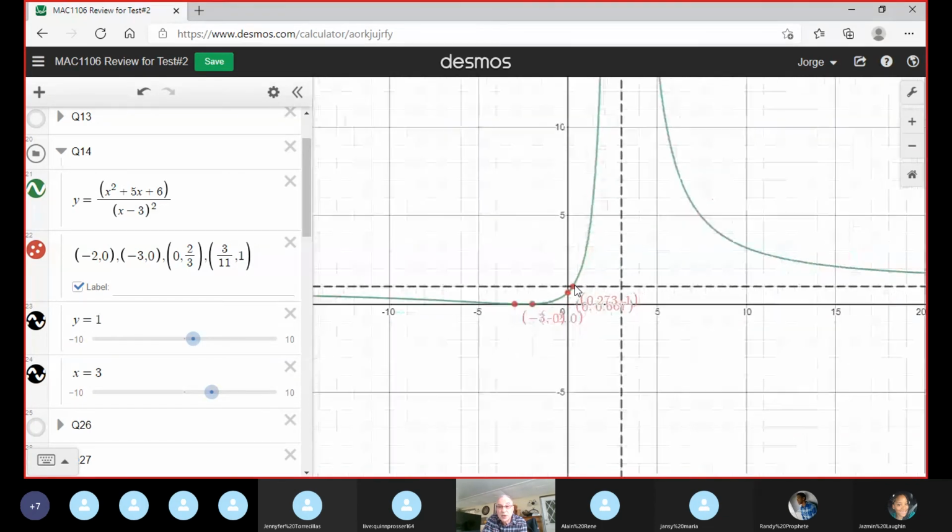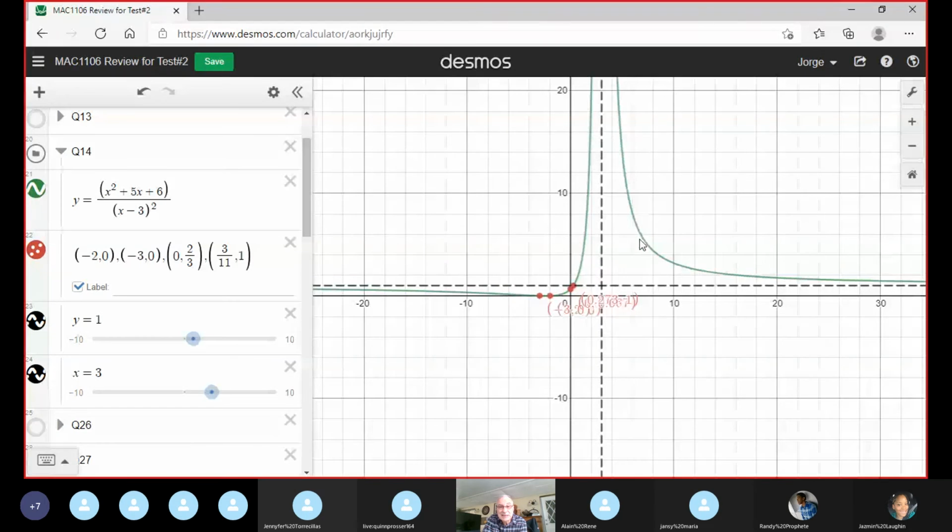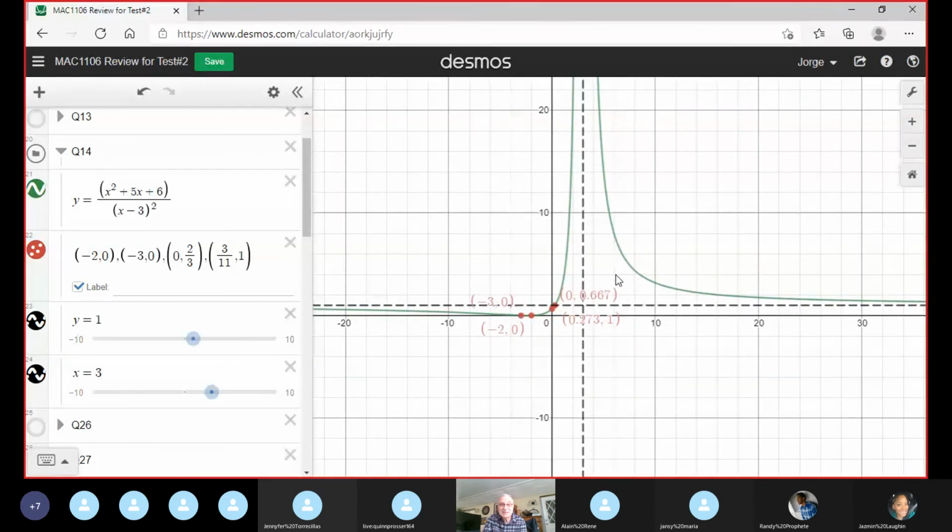And also we have the vertical asymptote. In this case, the curve goes positive in both directions, and the interpretation is because it's a square. When it's a square, y is positive in both directions. If it's linear, no. But if it's a square, it's positive in both directions.